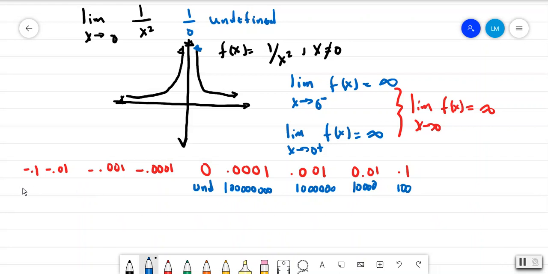If we plug in the value 0.01, that's going to give us the exact same thing: positive 100. And then if we move it along, it's going to increase in value. So we have 10,000, then 1 million, and then 100 million.